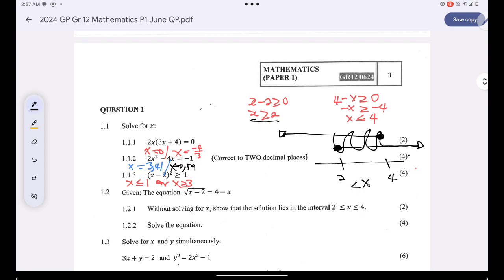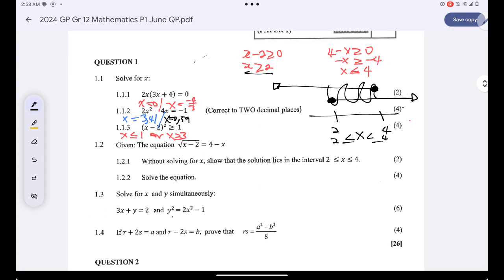So x is between 2 and 4. Are we together? So whatever solution that I get here, if it's not between 2 and 4, that solution will never hold. Are we together? So that's how you find your restriction.